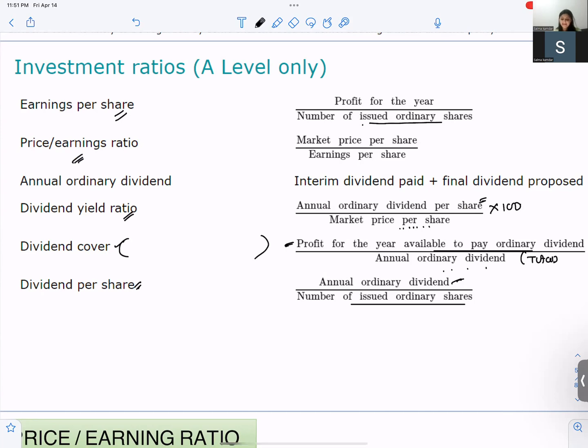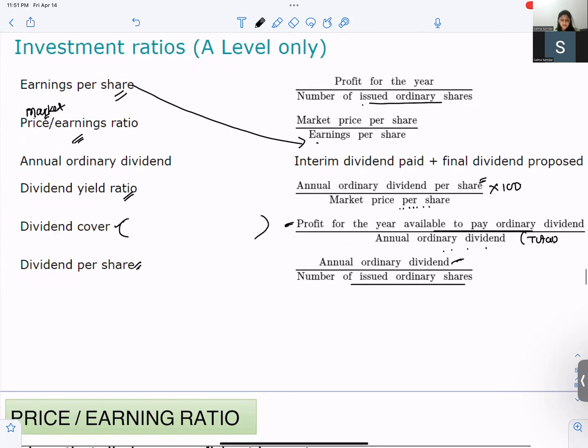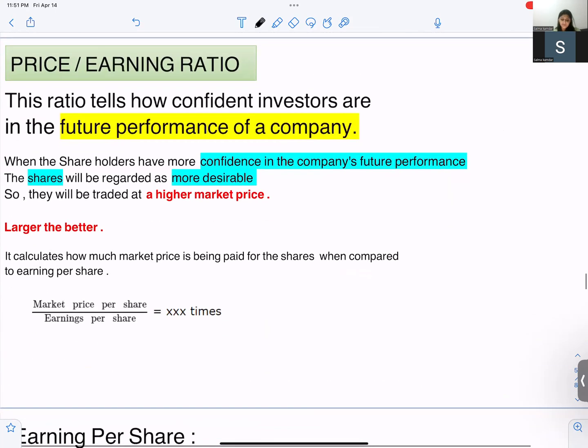Now price earning ratio. You get it? Price. So which price are you going to take? You're going to take the market price divided by the earnings per share. So what does the price earning ratio tell us? It tells me how confident the investors are in the future performance of the company.